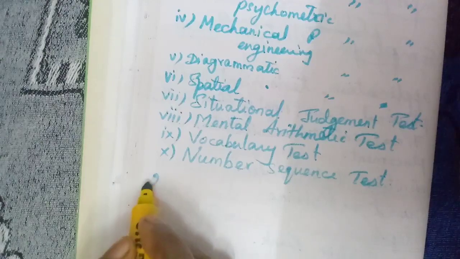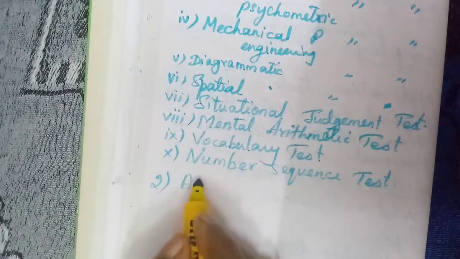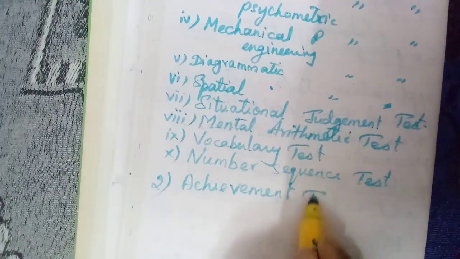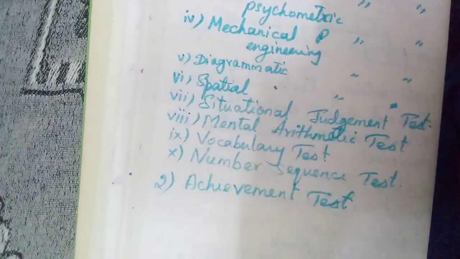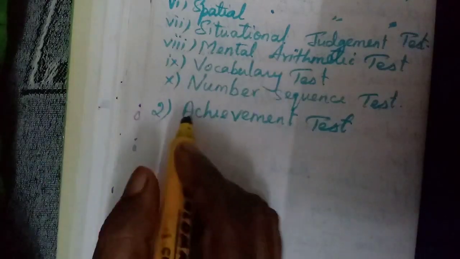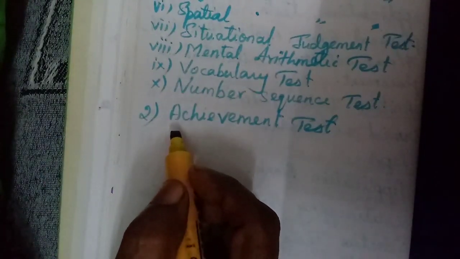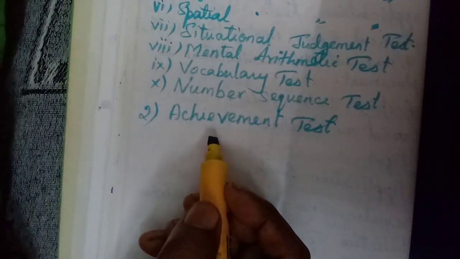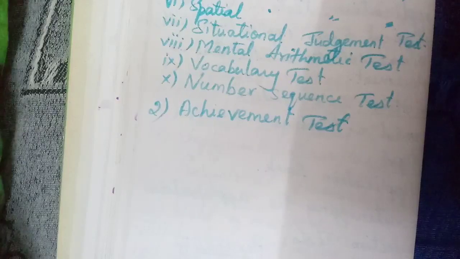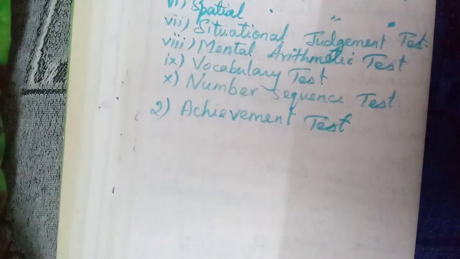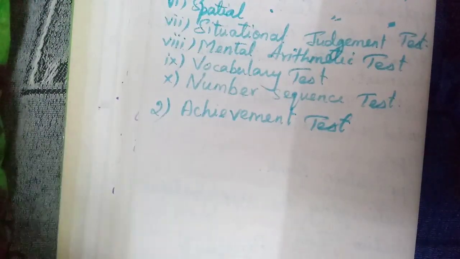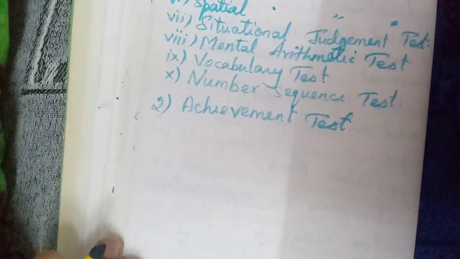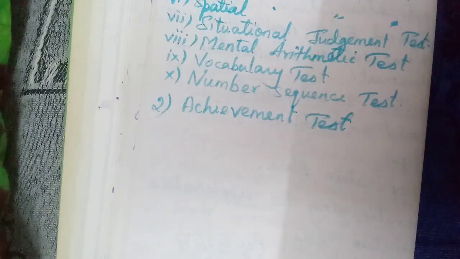Then the second test is the achievement test. The second test under the ability test is the achievement test. After testing the aptitude, they will test the achievement of the candidate, how he will accomplish, or how much knowledge he has in the particular field.